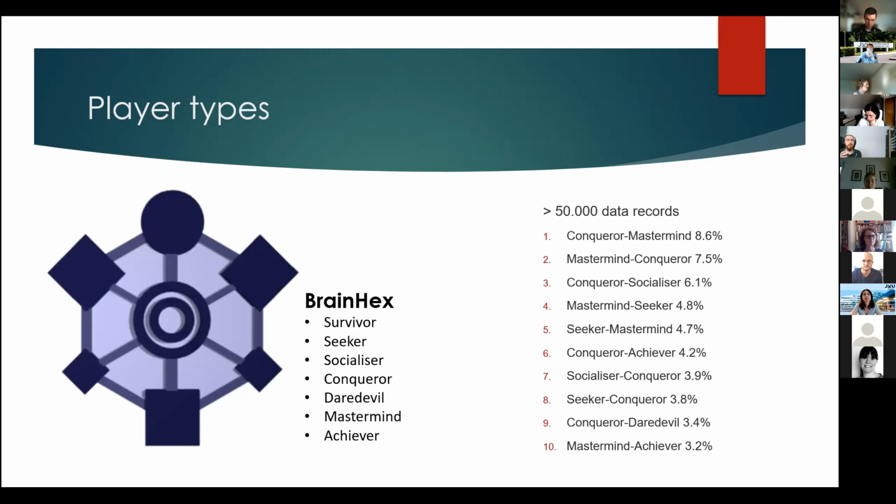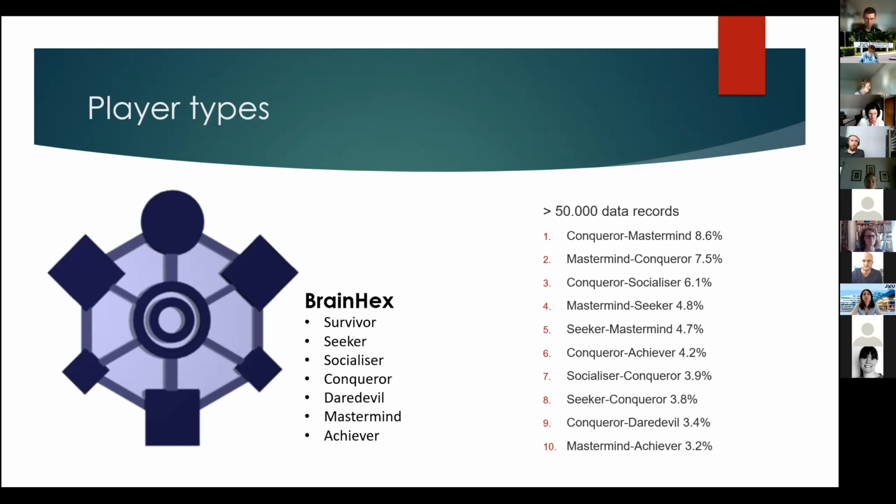So it's quite a big database, and they found 7 different player types: the survivor, the seeker, the socializer, the conqueror, daredevil, mastermind, achiever. They are sometimes similar to Bartle's, but sometimes a little bit different from Bartle's definition.